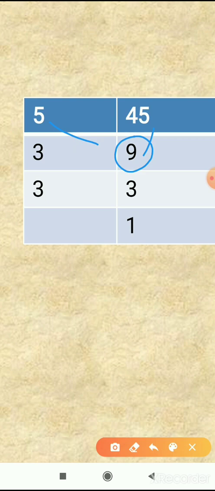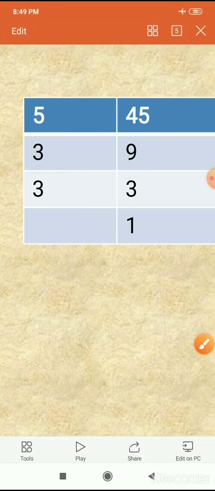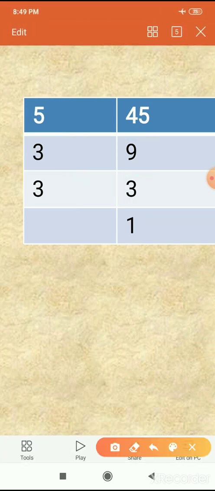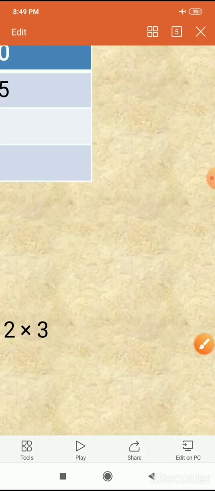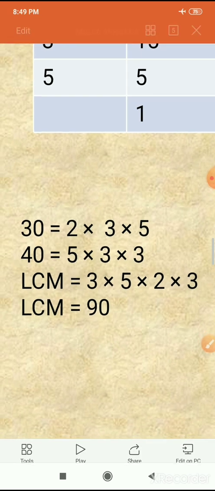Now 9 is divisible by 3: 3 threes are 9, so we write quotient 3 here. 3 is a prime number, divisible by itself: 3 ones are 3. So here we get the prime factorization of 45: 5 into 3 into 3. These are the divisors, and all divisors are prime numbers. In this way, we get the prime factorization of 45.